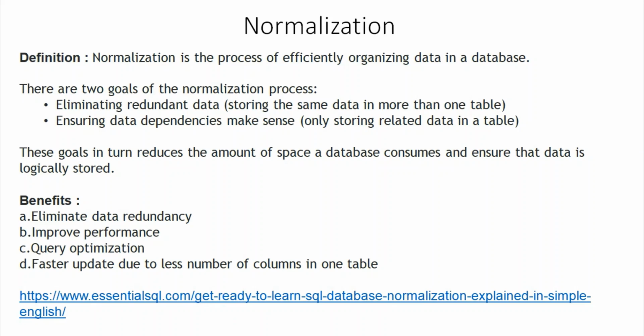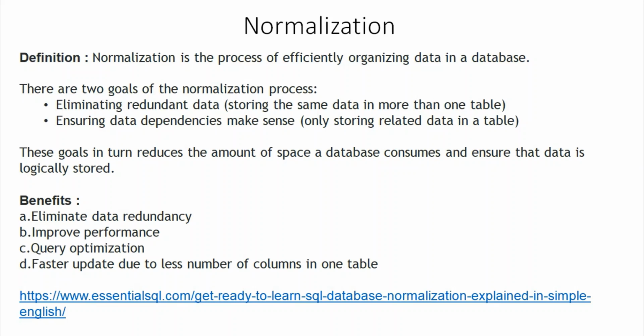The main benefits are data redundancy elimination and query optimization, faster updates due to fewer columns in one table, and it also improves performance. There are three normalized forms: first normal form, second normal form, and third normal form.